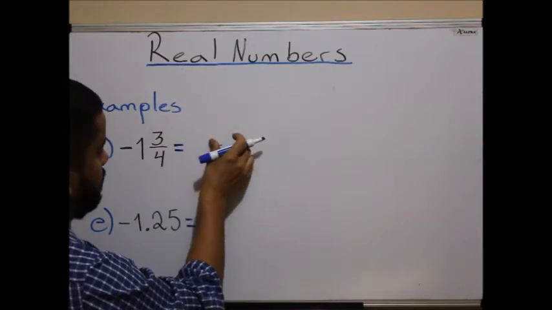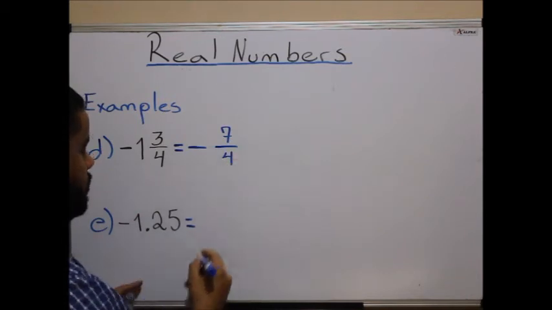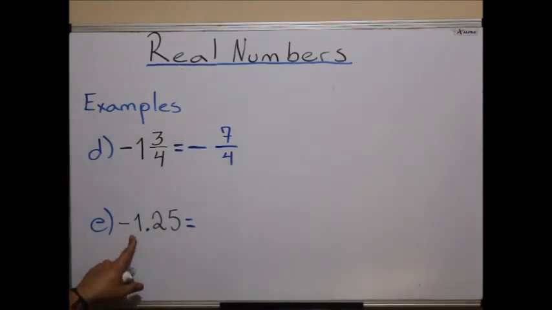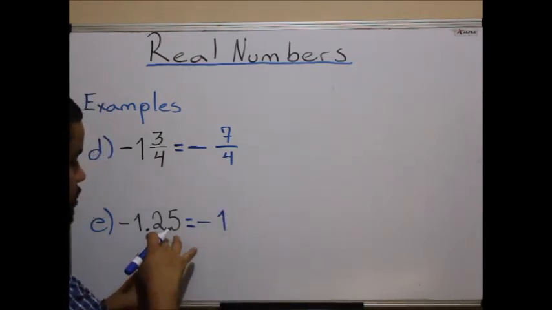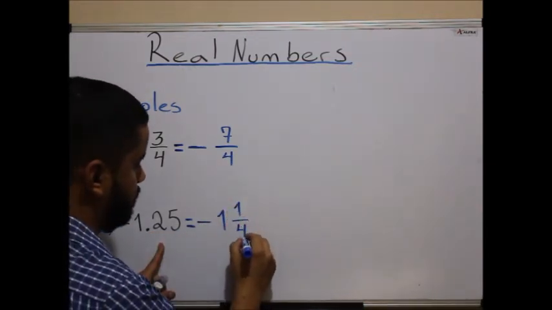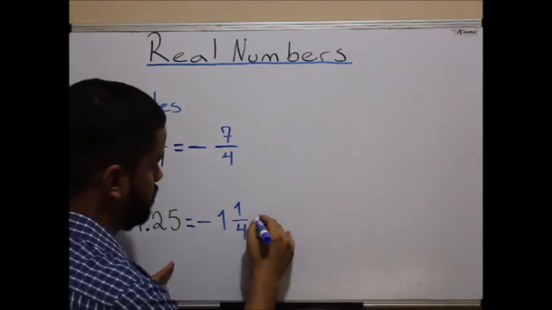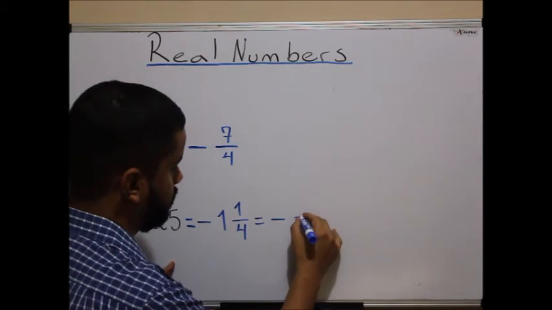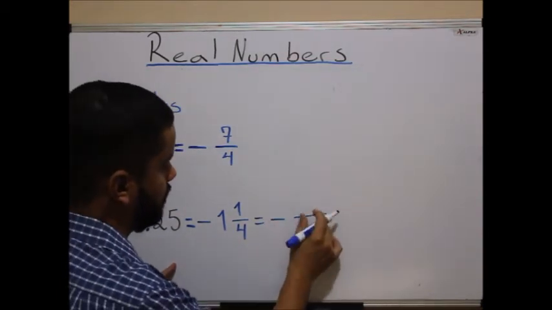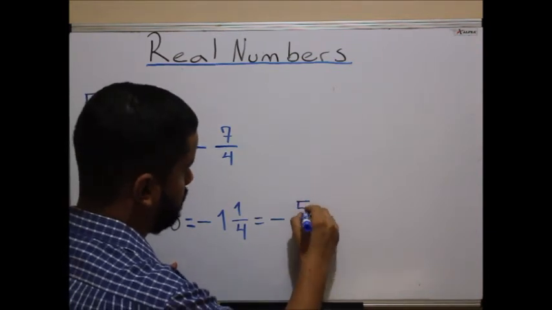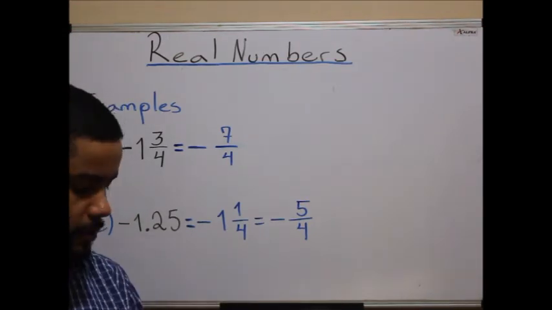So we're going to have here a negative and 7/4. Now we're going to change this decimal into -1 and 25, which is 1/4. Now this one, that is a mixed number, we're going to change into an improper fraction. So 4 times 1 is 4, 4 plus 1 is 5, and we're going to write here 5/4, and there we have them.